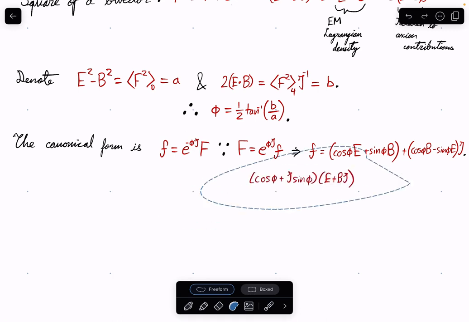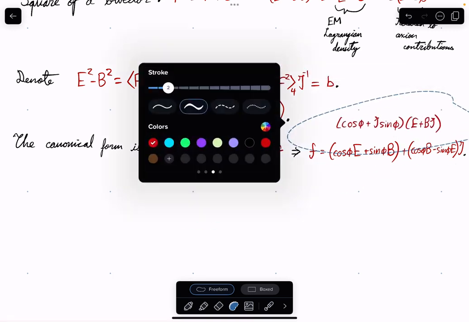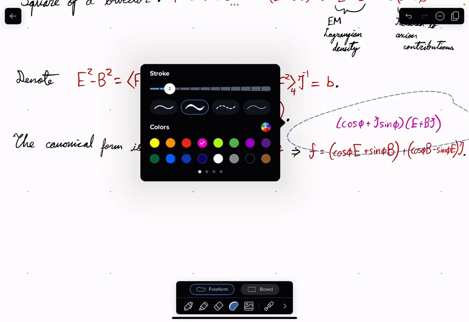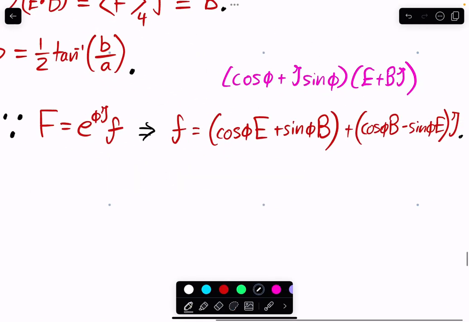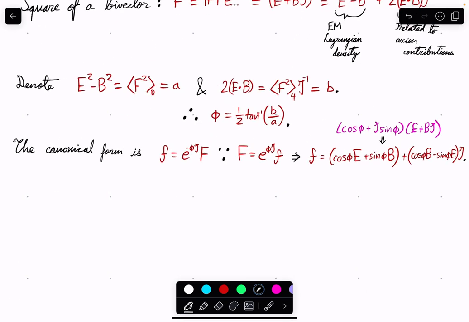Or actually, what I'll do is I'll move this up here and change its color.